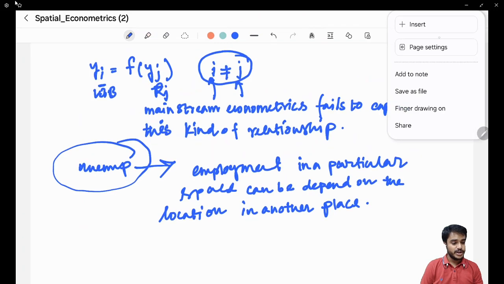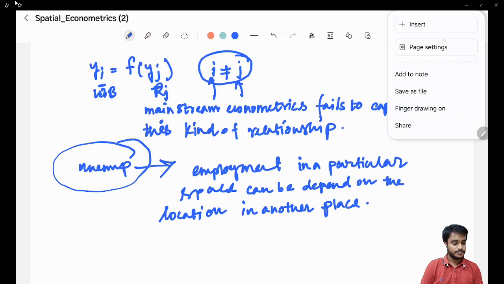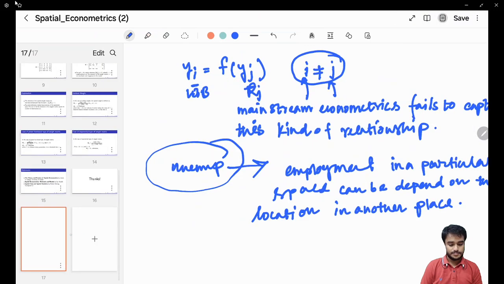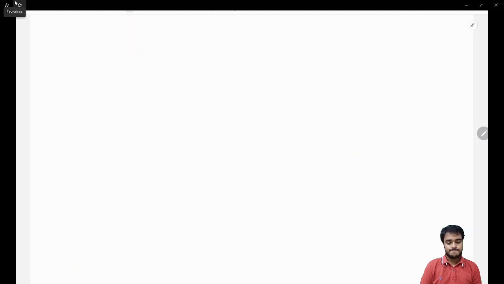So what do we need to do? Suppose in the normal way, what we know about normal regression analysis in classical econometrics. In classical econometrics, there are the Gauss Markov assumptions, right?